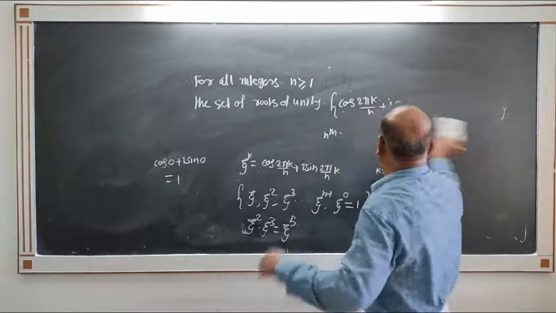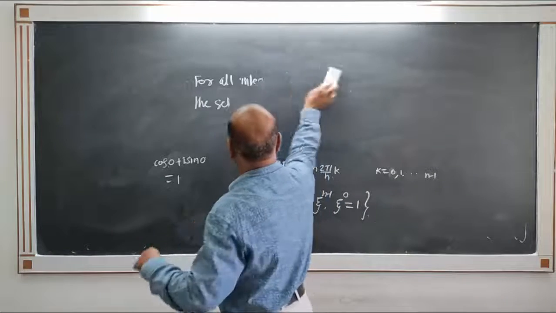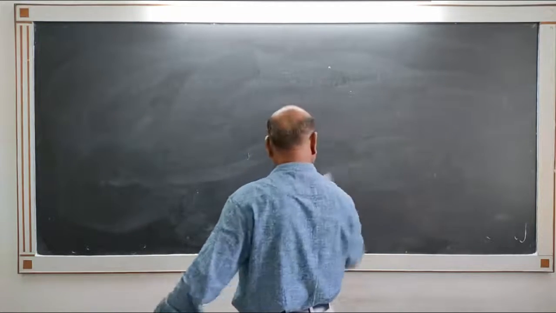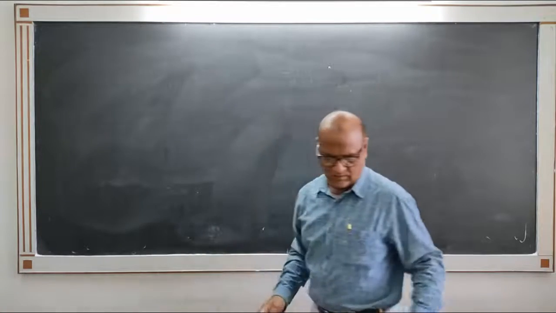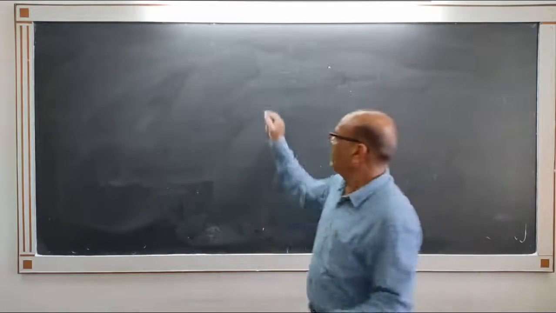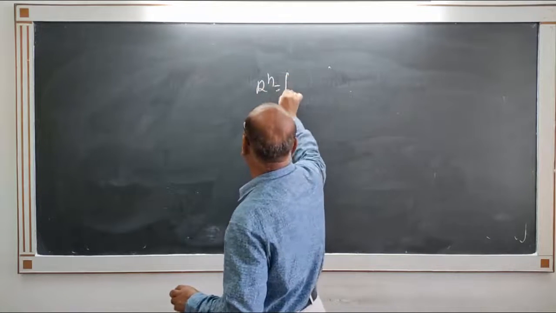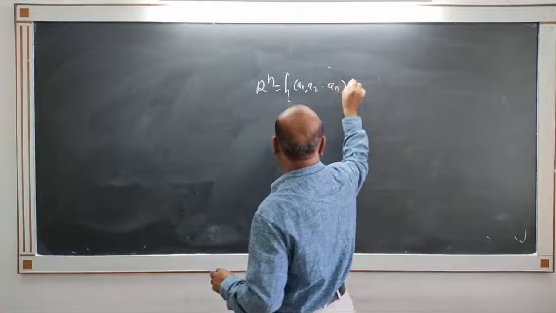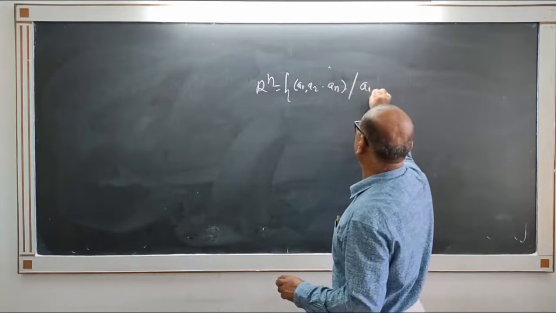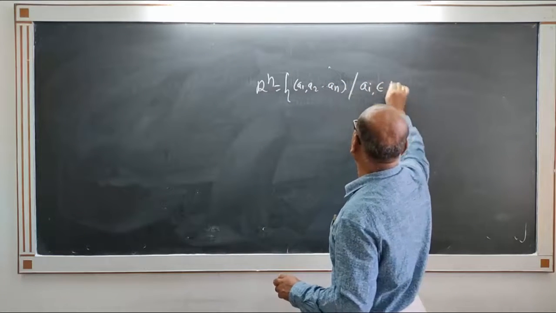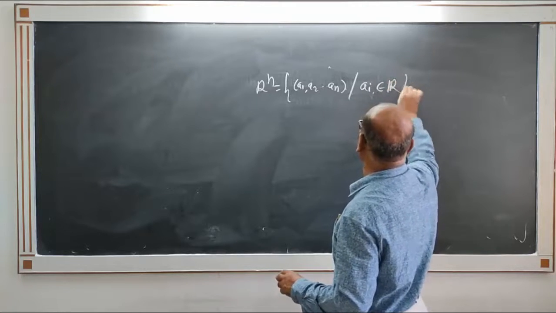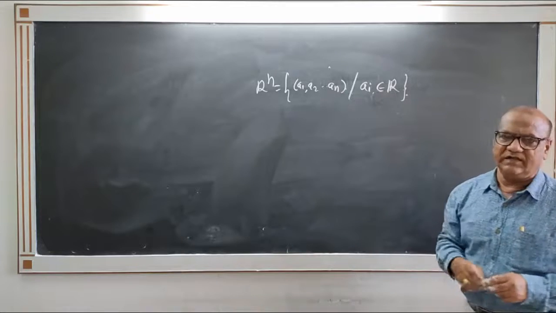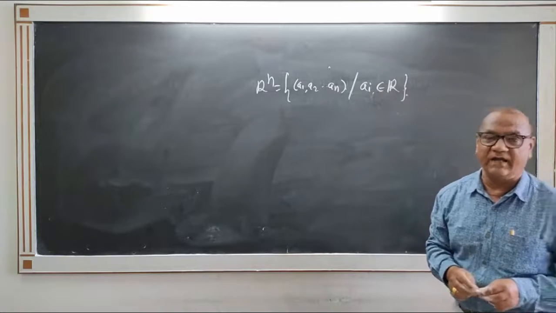Now, again, if you take R raised to n, this is the set of n-tuples a1, a2, up to an, where each ai belongs to R. It is also a group under addition.